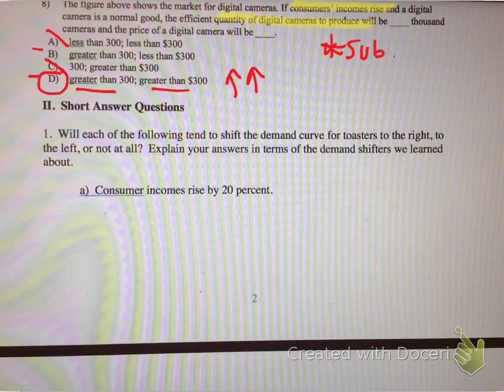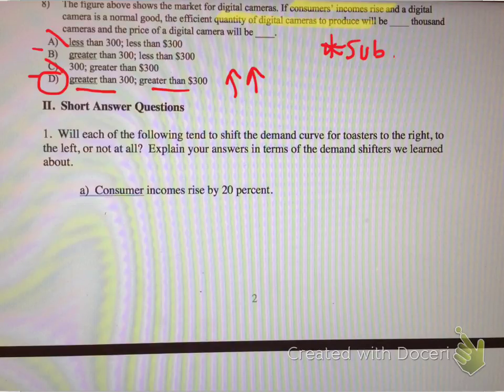So we have a demand curve for toasters. Would it shift left, shift right, or not at all? Explain your answers. So A, if consumer income rises by 20%, change in income is an impact for shifts in demand, but it depends on the good, whether it's an inferior good or a normal good.